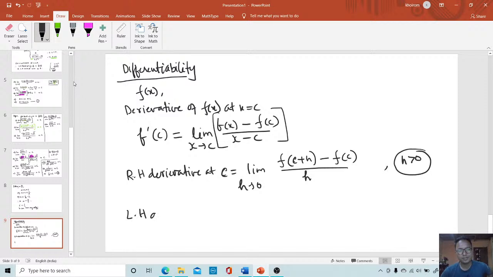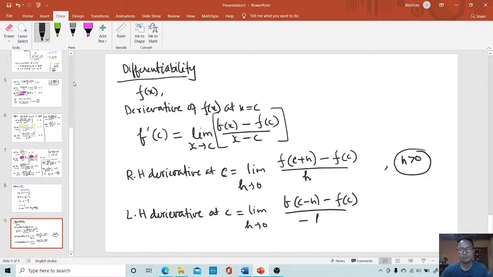Now the left hand derivative at c, by definition, is the limit as h tends to 0 of f of c minus h minus f of c divided by minus h.